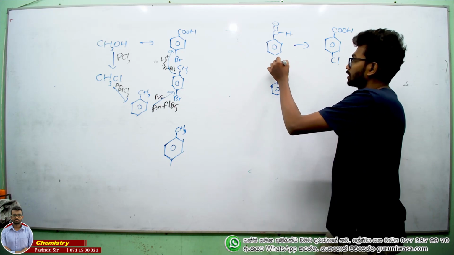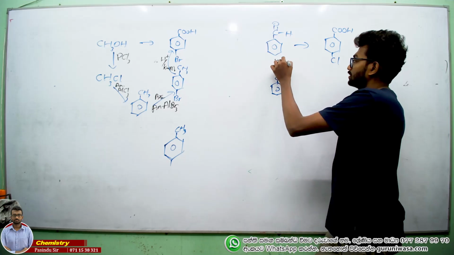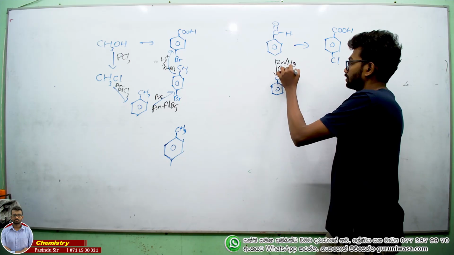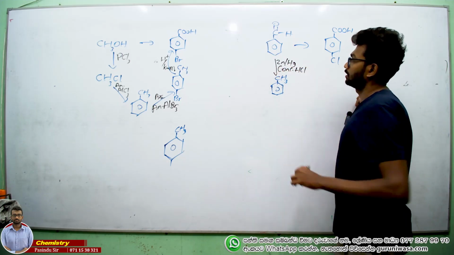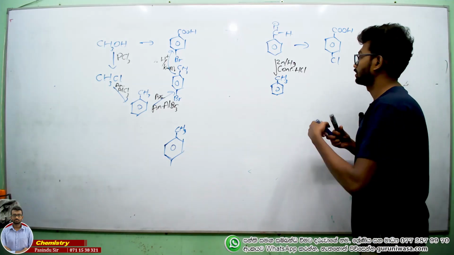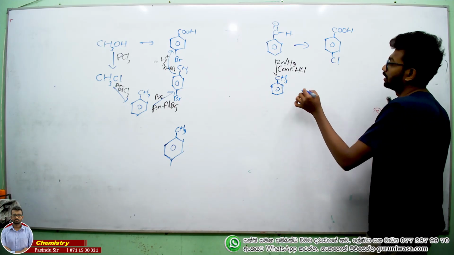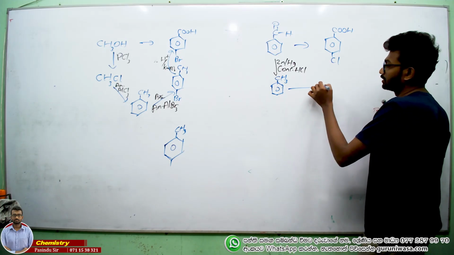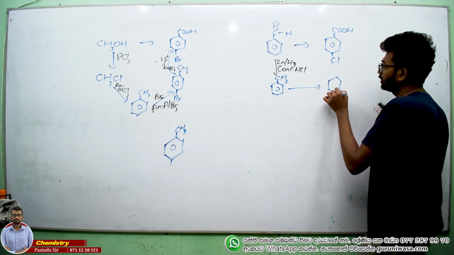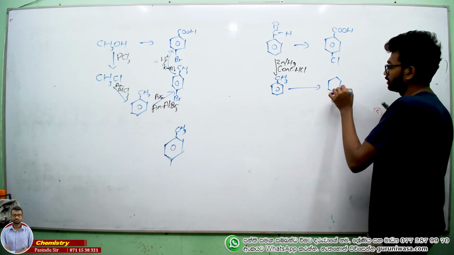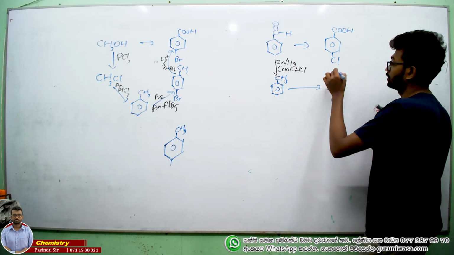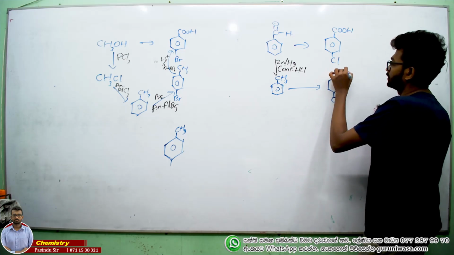What we have to do? Clemmensen reduction. Zn Hg conc HCl, right? Zn Hg conc HCl. Then add Cl, sorry, and CH3.